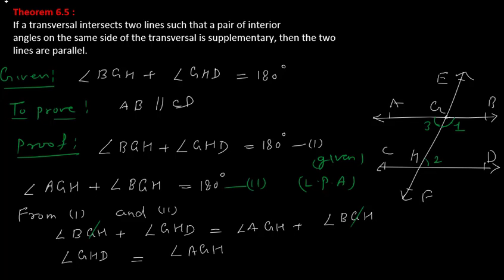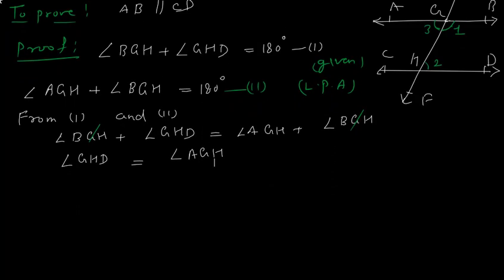Now these two angles are alternate angles, and here you are getting that alternate angles are equal.